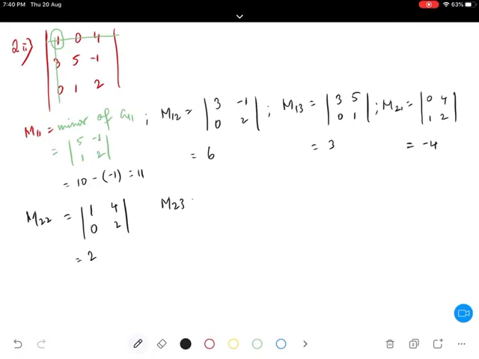And M23. How much is that? Fast. M31, how much is that?